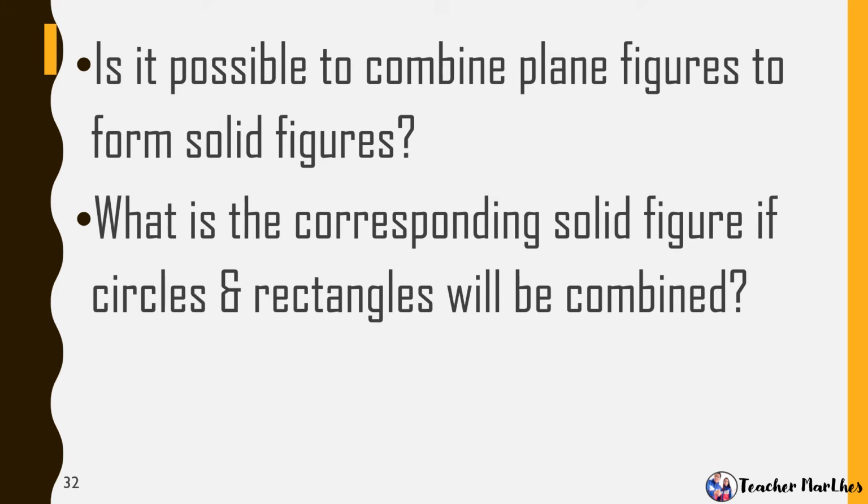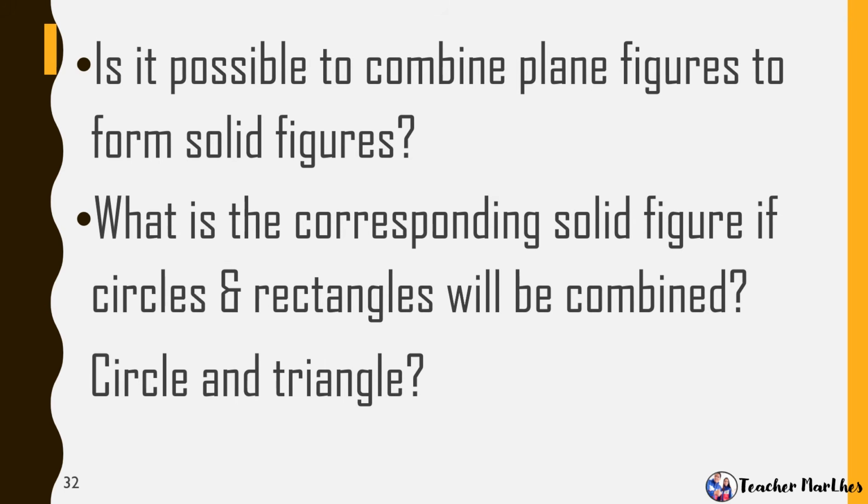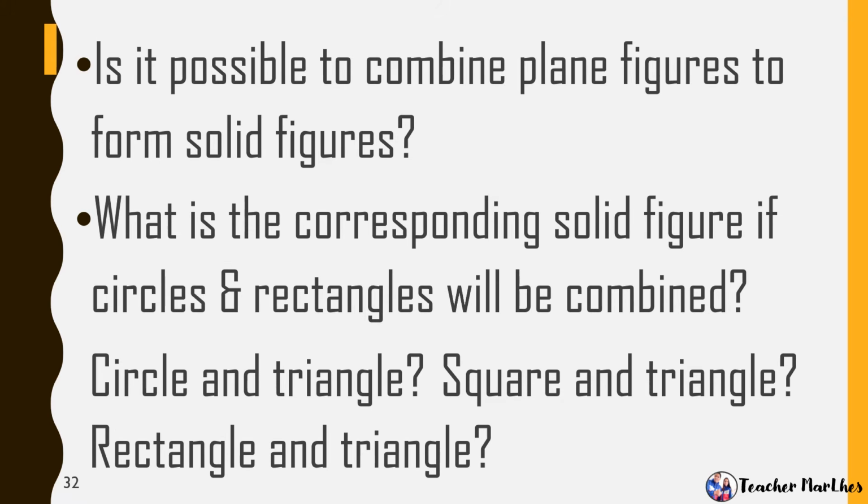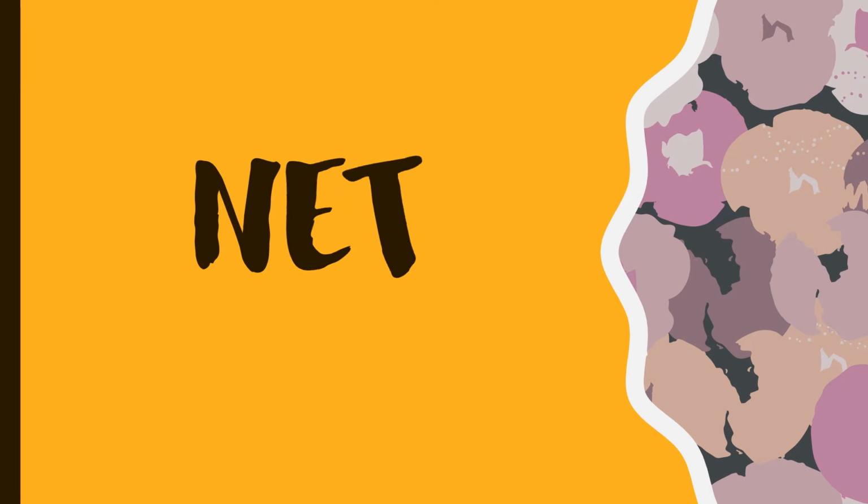The answer is cylinder. How about circle and triangle? Square and triangle? Rectangle and triangle? To better understand what figure will be formed when we combine different figures, let's discuss net.